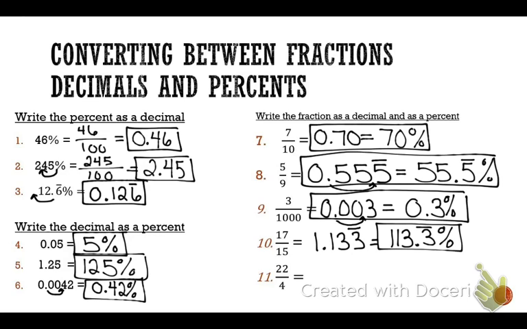What did you guys get? 5.5. Okay, 22 divided by 4, 5.5, which equals 550%, because I moved that decimal out twice. All right, how'd you guys do? Okay. All right, so that's everything you need to know for this lesson, just basic conversions.